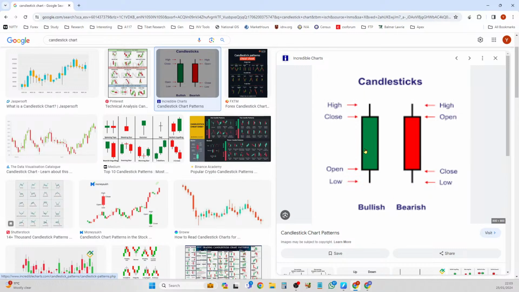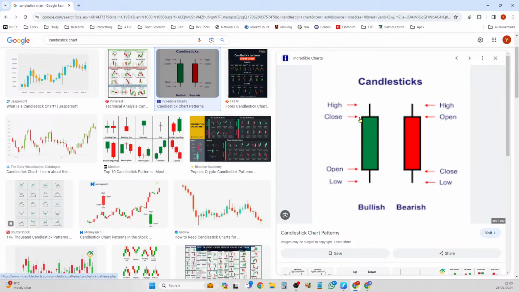Why is this a bullish candle? Because at the opening of that particular period, the price was over here. The lower body of the candle shows the opening price. And at the close of that time period, the price went higher and it closed over here.